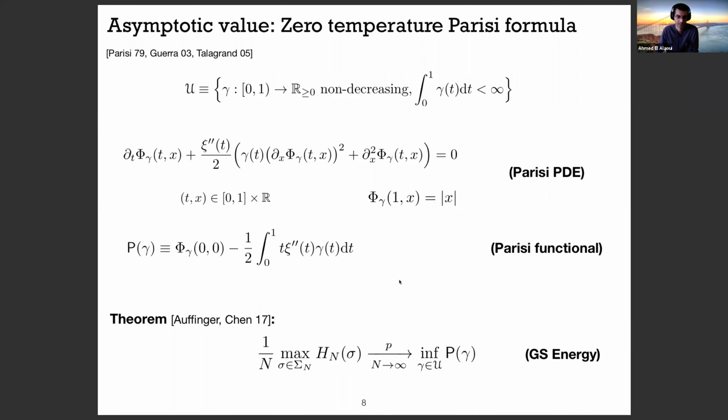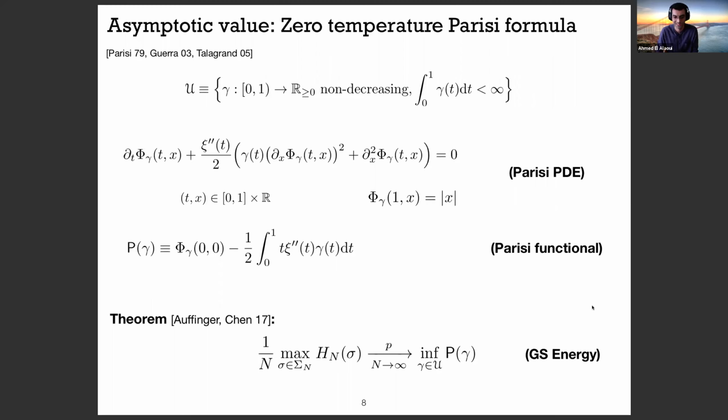And the theorem here is that the maximum, so the ground state, the maximum of the Hamiltonian over the hypercube divided by n, will converge as n goes to infinity to the infimum of this functional over the class U. In my opinion, this is a crowning jewel of this whole area of spin glass theory: an exact characterization in the limit of the ground state energy in terms of a variational principle that doesn't depend on n.